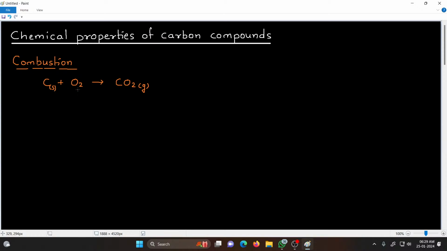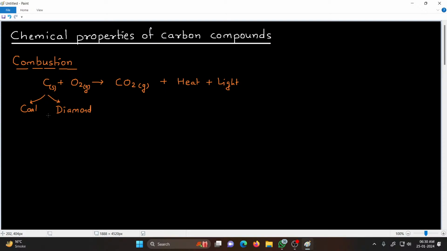Carbon solid, oxygen gas will give you carbon dioxide gas along with heat and light. Now this carbon can be coal, graphite, or even diamond. Diamond at 800 degrees centigrade will catch fire and will produce carbon dioxide.